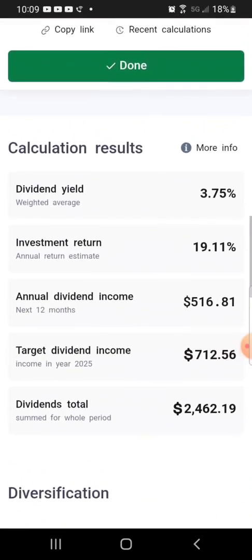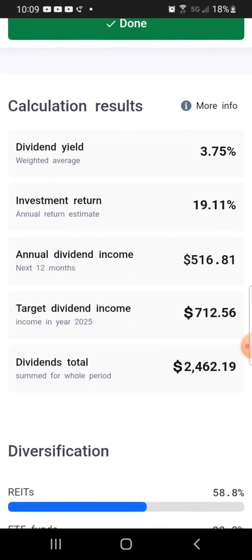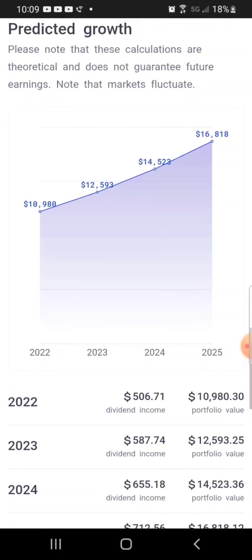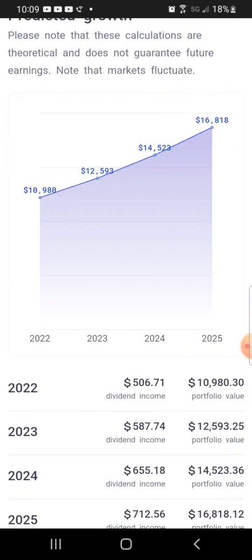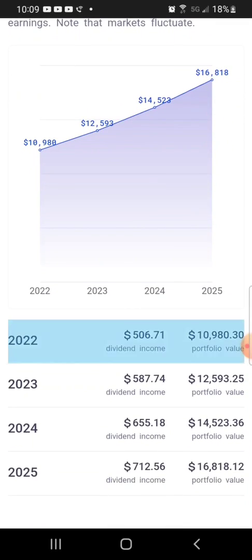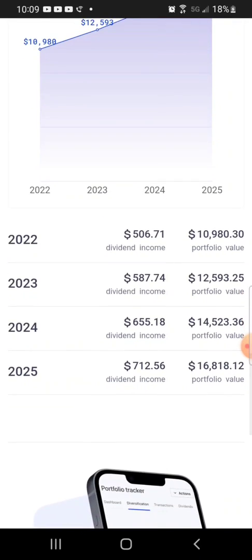It tells me what my dividend income would be for the next 3 years. It tells me what my portfolio should be, and it tells me what my dividend income will be. You guys see? Portfolio should be going up because I added that 10%, and my dividend income should be going up.